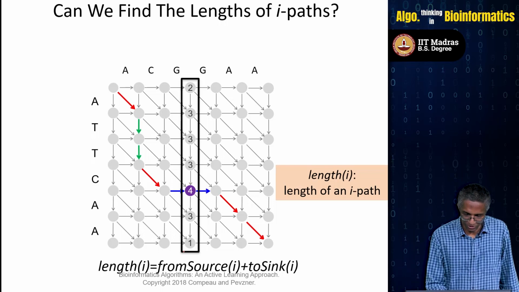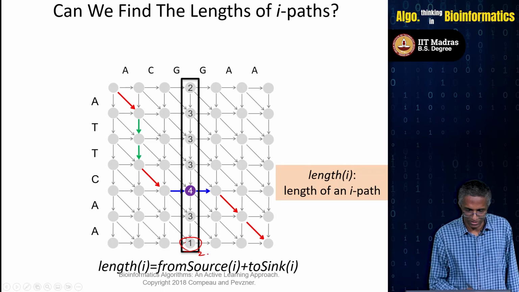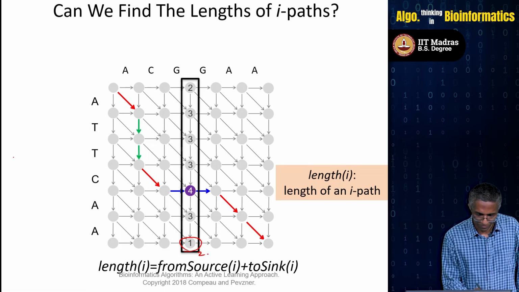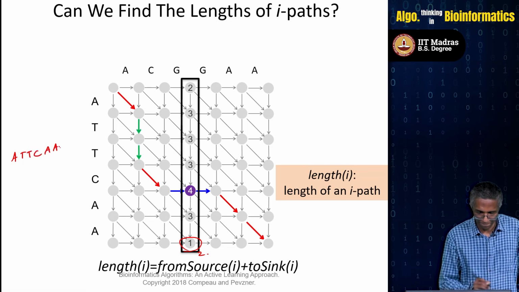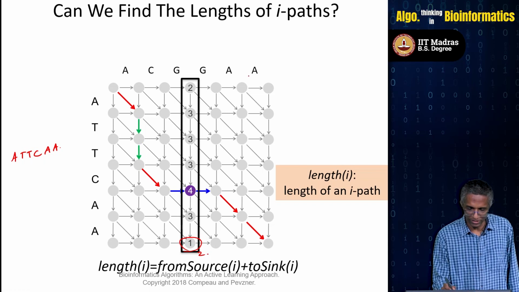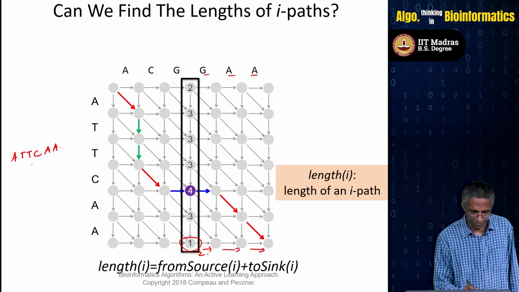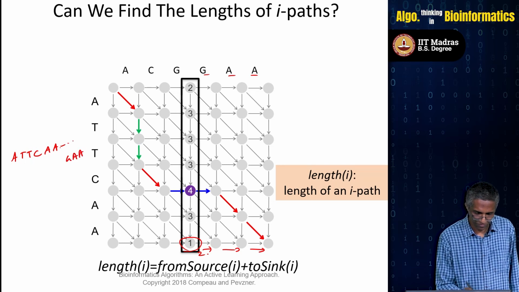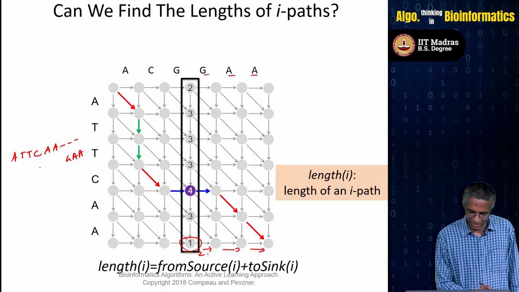Okay, so yeah, this should be 2 here, because if you want to include this node, you are essentially saying that you want to have ATT CAA, right? And then you want to be able to delete all of these GAA, because these are the only way to go here, or actually inserting, I'm sorry, you have to insert GAA, right? And then you have ACG.